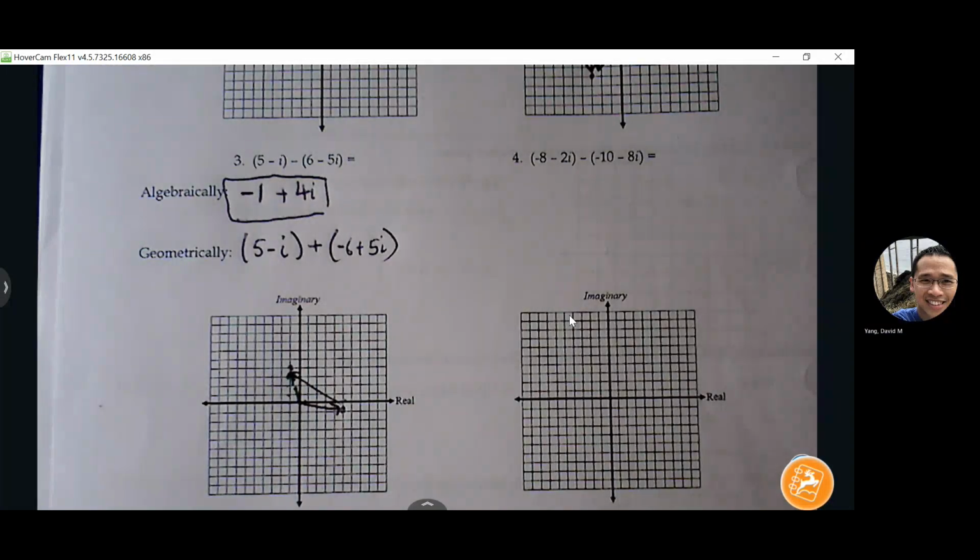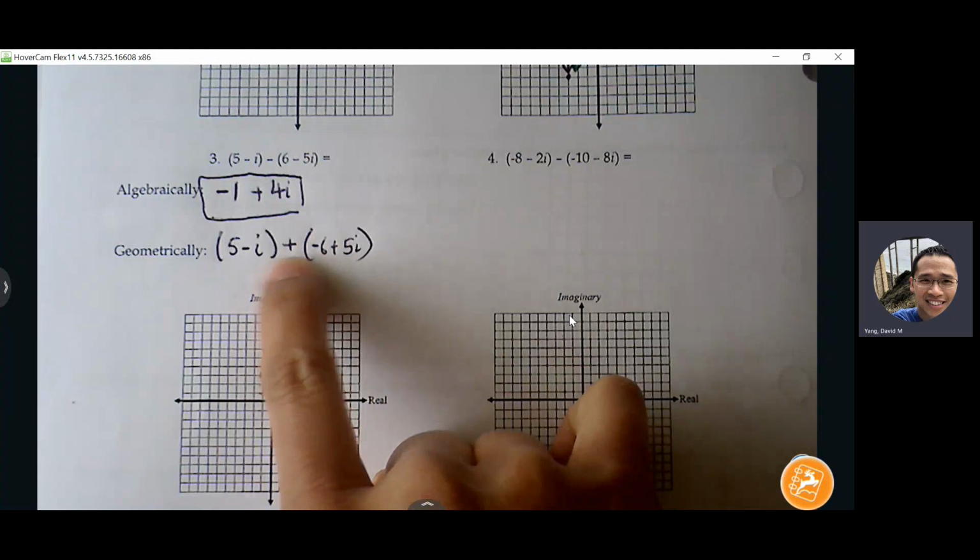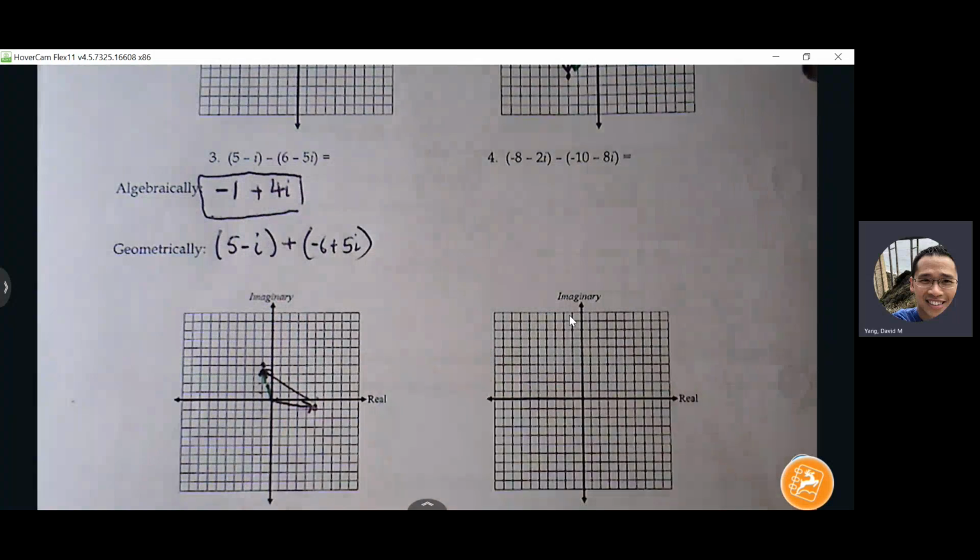Try number 4. Again, before you graph it geometrically, turn it into an addition between the two vectors. That way you don't have to do something different than what you see on the paper.